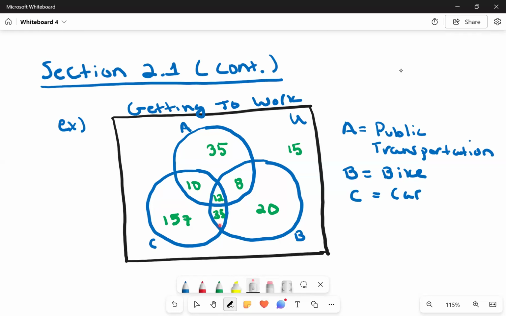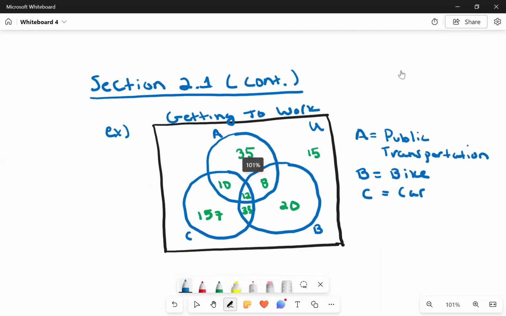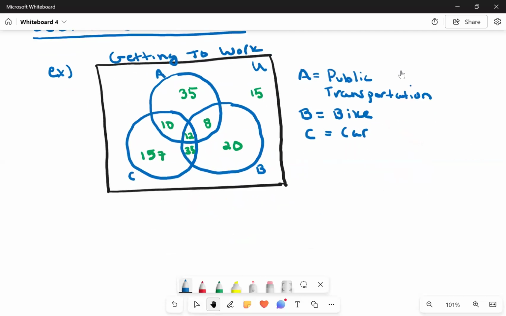Now let's go ahead and work on this example. I'm going to zoom out a bit so I can put some labels here. We're going to be finding information based on notation, so we're practicing notation here.